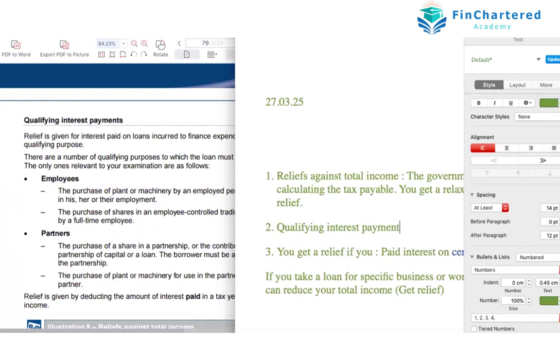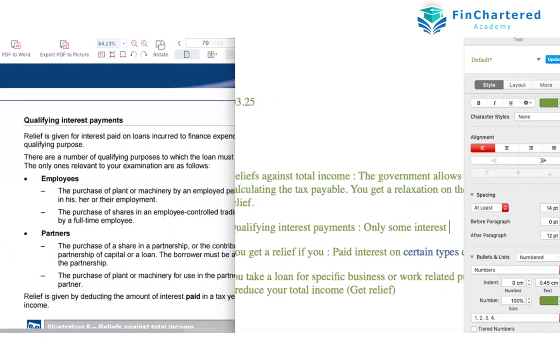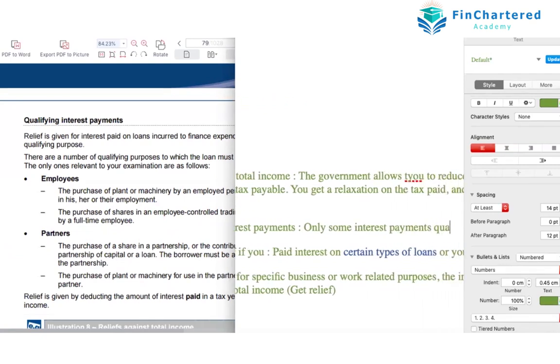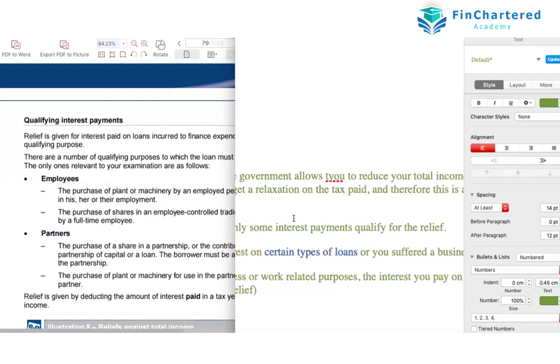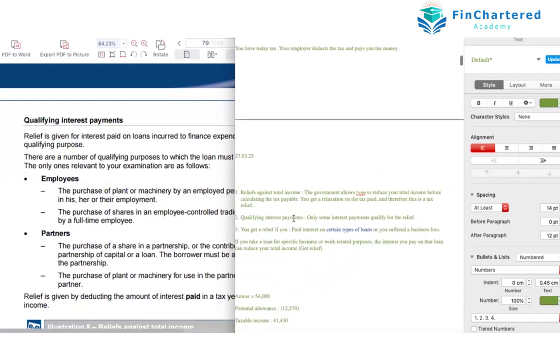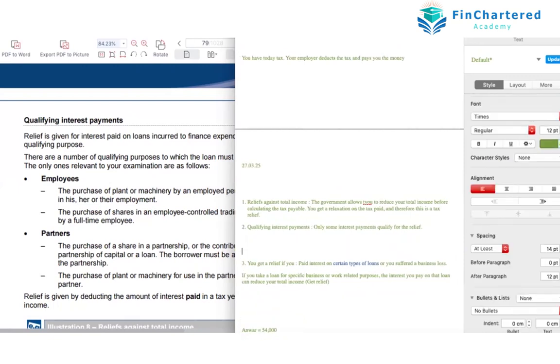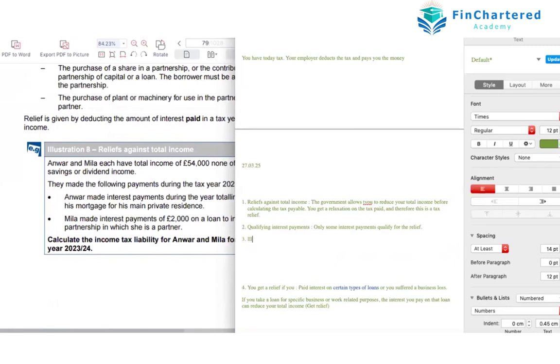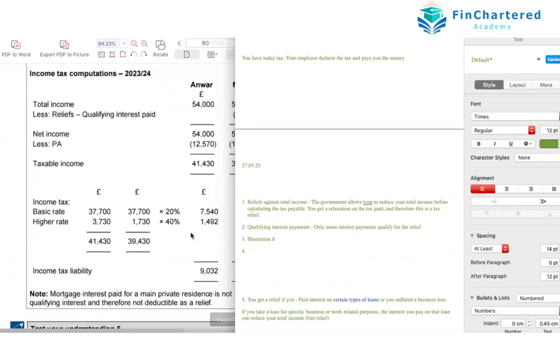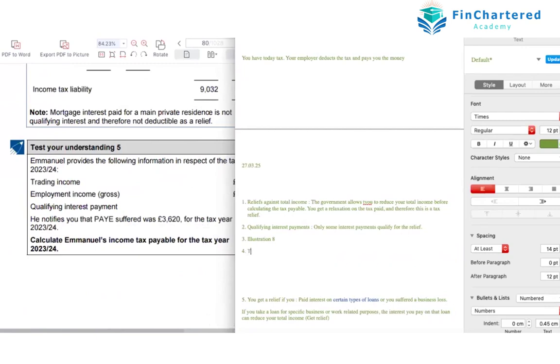Only some interest payments qualify for the relief. Which are those? Interest payments on loans that are related to business or related to work. Then we looked at illustration 8. Now we're looking at test your understanding 5.